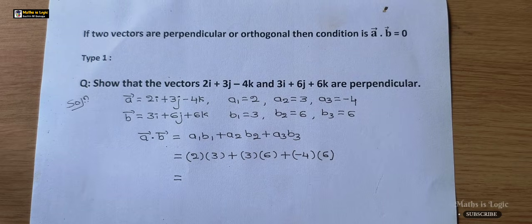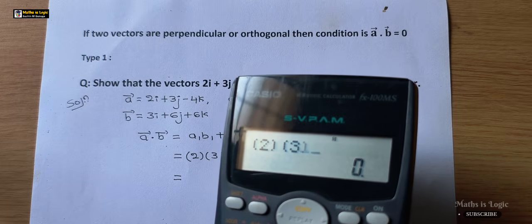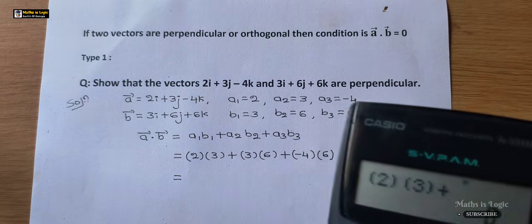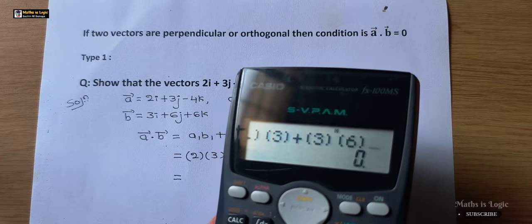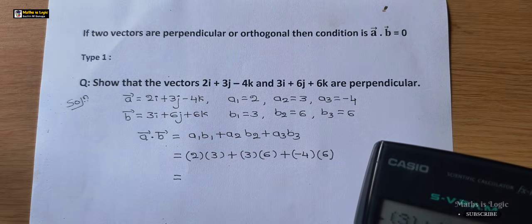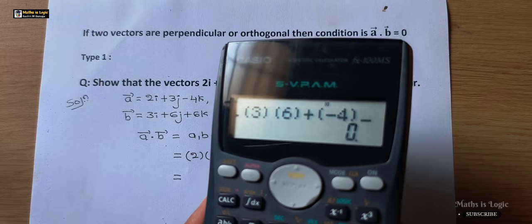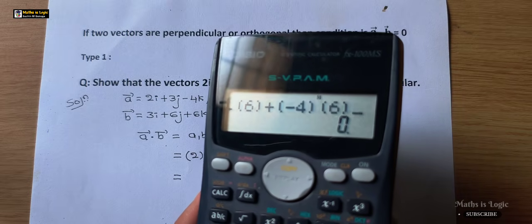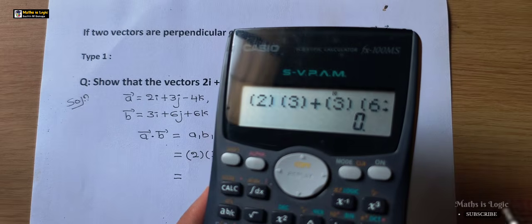Therefore see, first 2 into 3 in bracket 2 into 3 plus 3 into 6 in bracket 3 into 6 plus again in bracket minus 4 into 6. So is equals to, see, final answer what I am getting? 0.